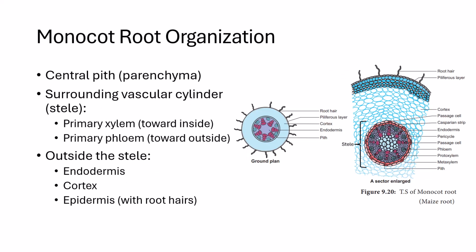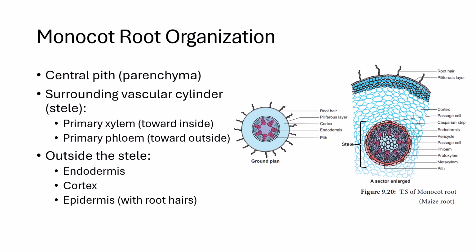In a monocot root, the center is occupied by a pith made of parenchyma cells. Surrounding that is the vascular cylinder or stele, which contains the primary xylem and primary phloem. Typically, the xylem is located closer to the inner edge of the stele, while the phloem is positioned more toward the outside.